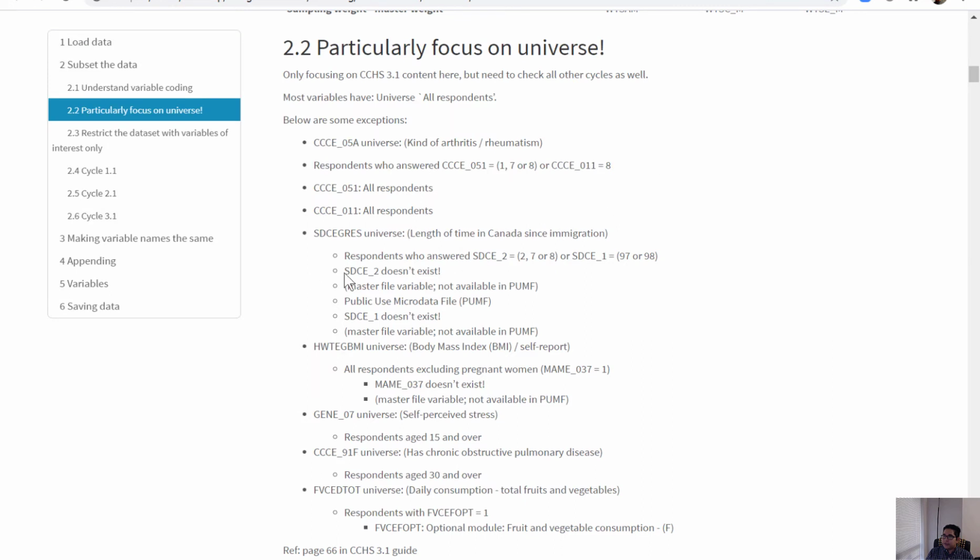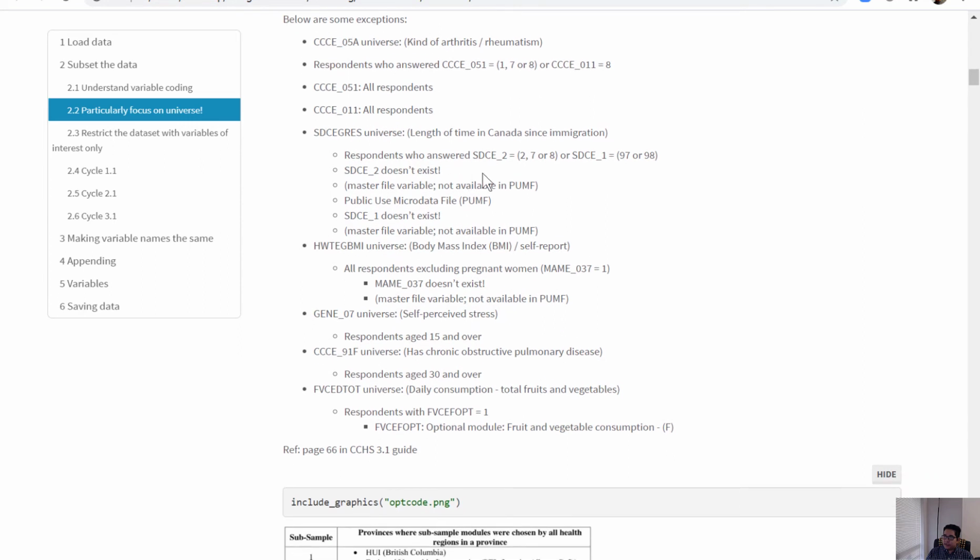That means it was a variable in the master data file but not available in the public format of the dataset, and that can happen. But generally speaking, it's not really telling you whether there was any restriction or not in those particular variables.